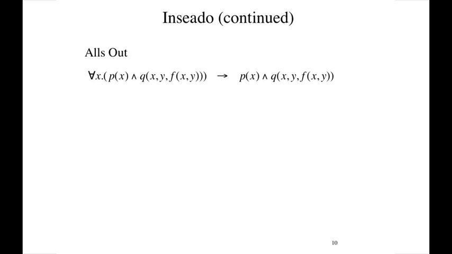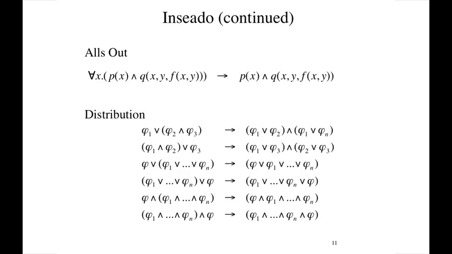In the fifth step, alls out, we drop all universal quantifiers. Because the remaining variables at this point are all universally quantified, this does not introduce any ambiguities. In the sixth step, disjunctions in, we put the expression into conjunctive normal form, that is, a conjunction of disjunctions of literals.